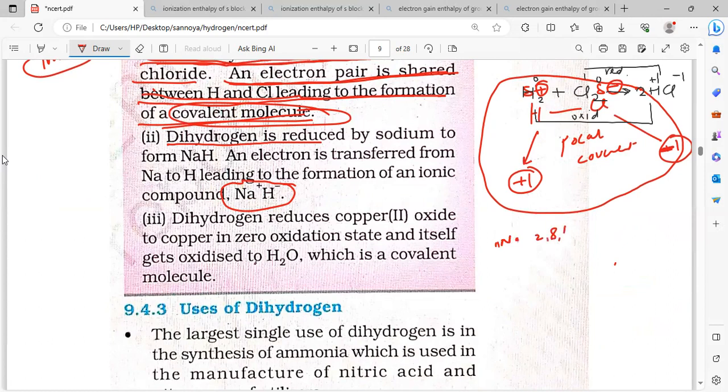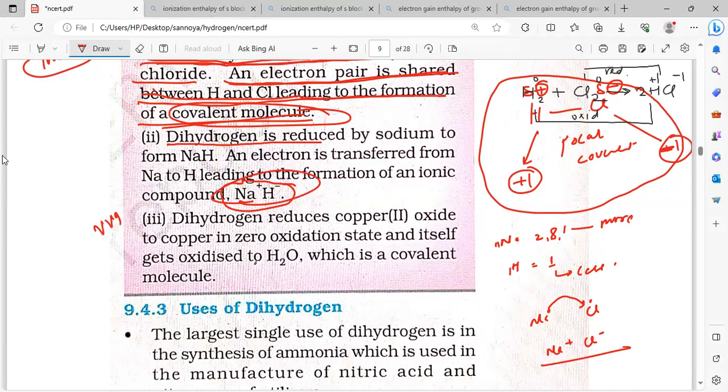One electron is extra. And hydrogen is one electron less than the duplet. So sodium is going to transfer one electron to the chlorine atom, forming Na plus and Cl minus. This is the important one.